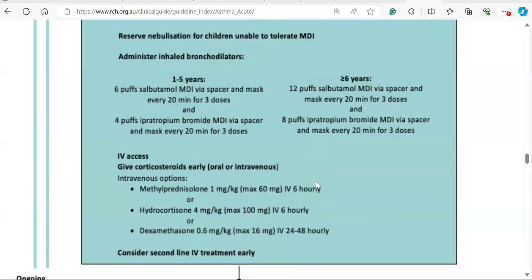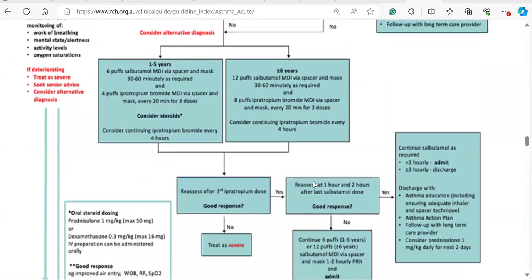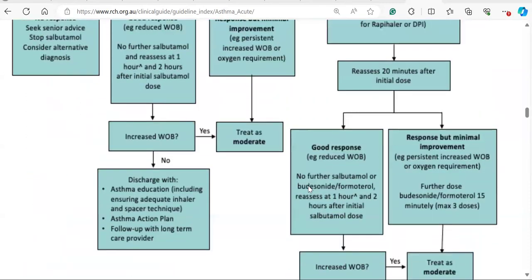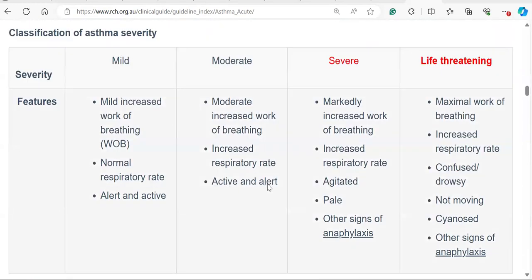So the main thing is that from the question, you need to find out whether it is moderate or severe asthma attack. Ideally, this is how we differentiate. Moderate means the child is active and alert, with increased respiratory rate, but severe means the child is pale, agitated, and there is marked increased work of breathing.